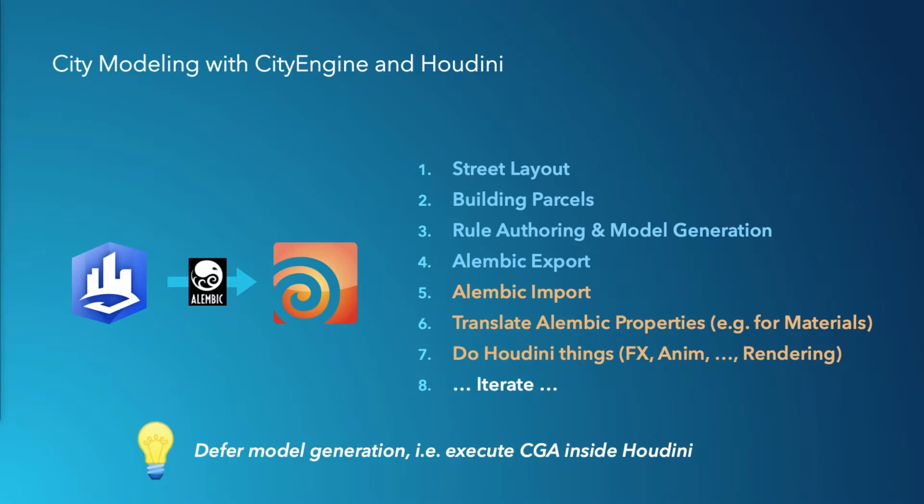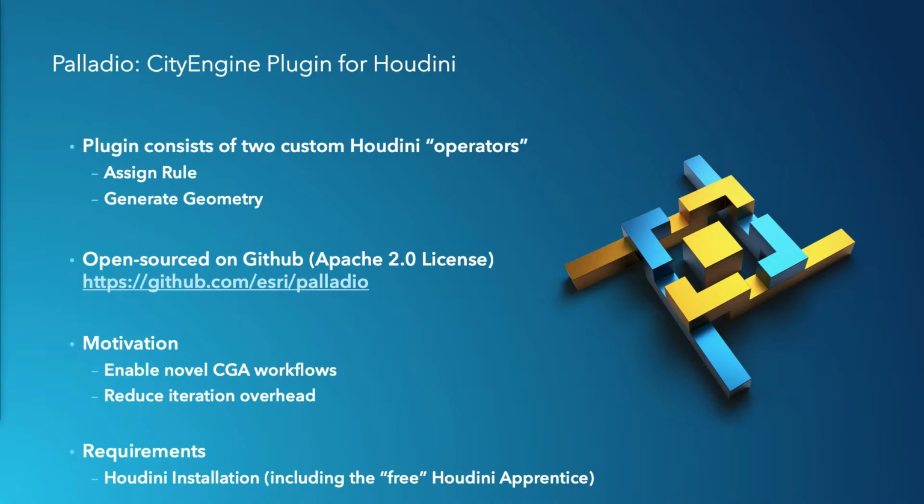With the CityEngine SDK, we would like to enable users to defer the generation of models to downstream tools. Matthias and I worked on a tool called Palladio, which Romain already alluded to, and I think I mentioned it last year briefly. We tried this out in Houdini, which is also a very old 3D modeling and animation tool with a strong procedural character.